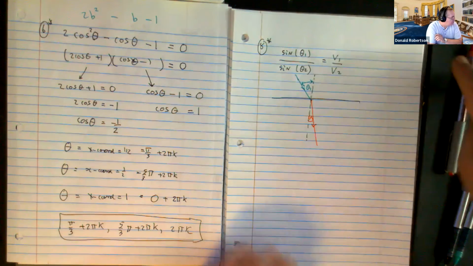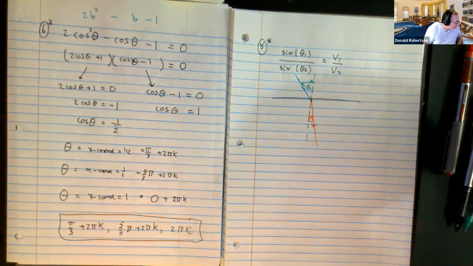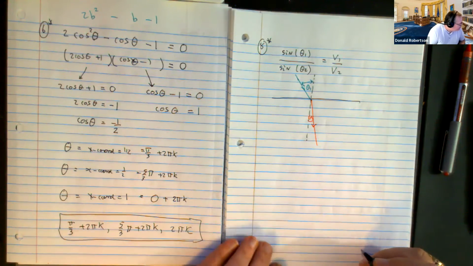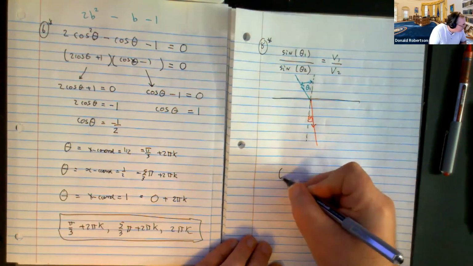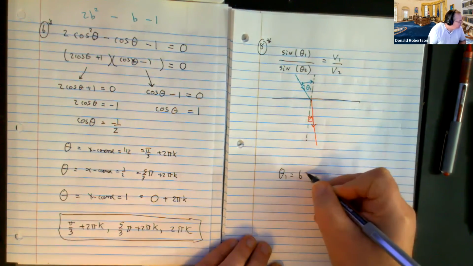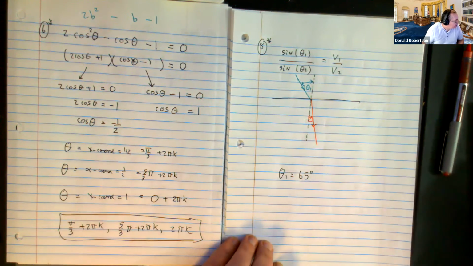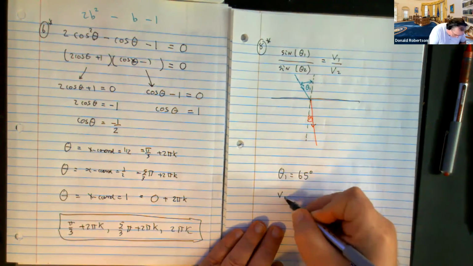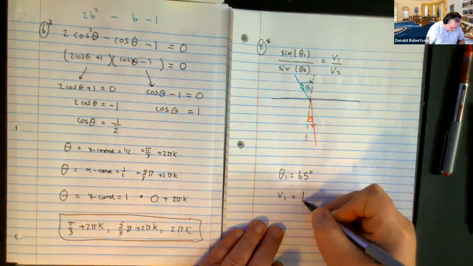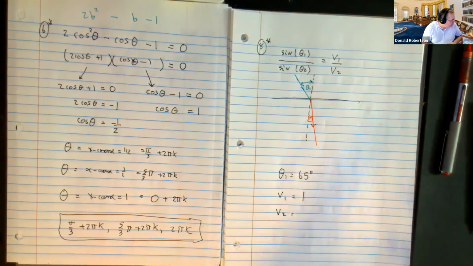So you are going to be given a question at the bottom, and it says that theta 1 was 65 degrees. That V1 is 1, and that V2, well, they give you a table, and it depends on what it's passing through.